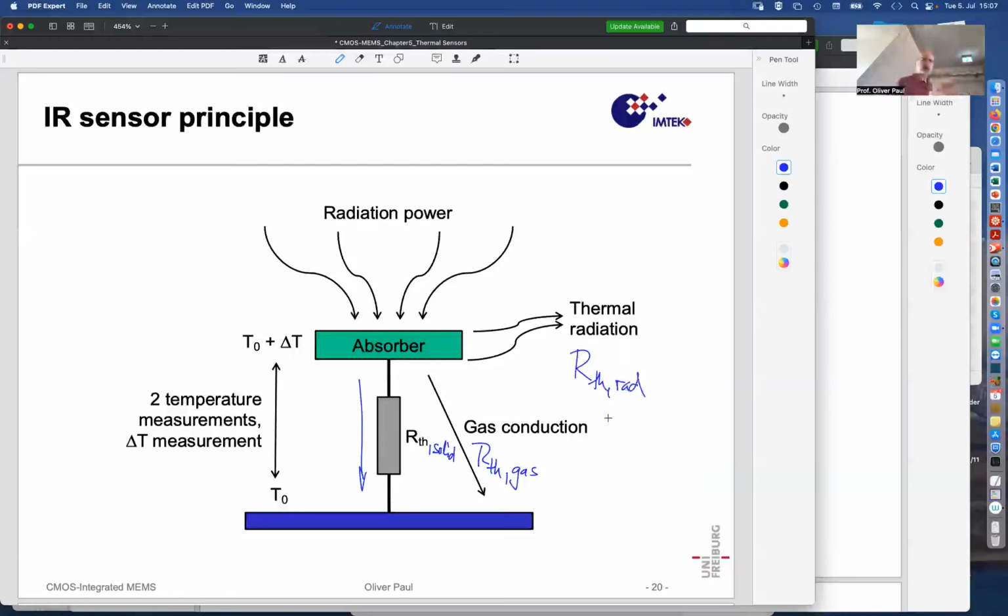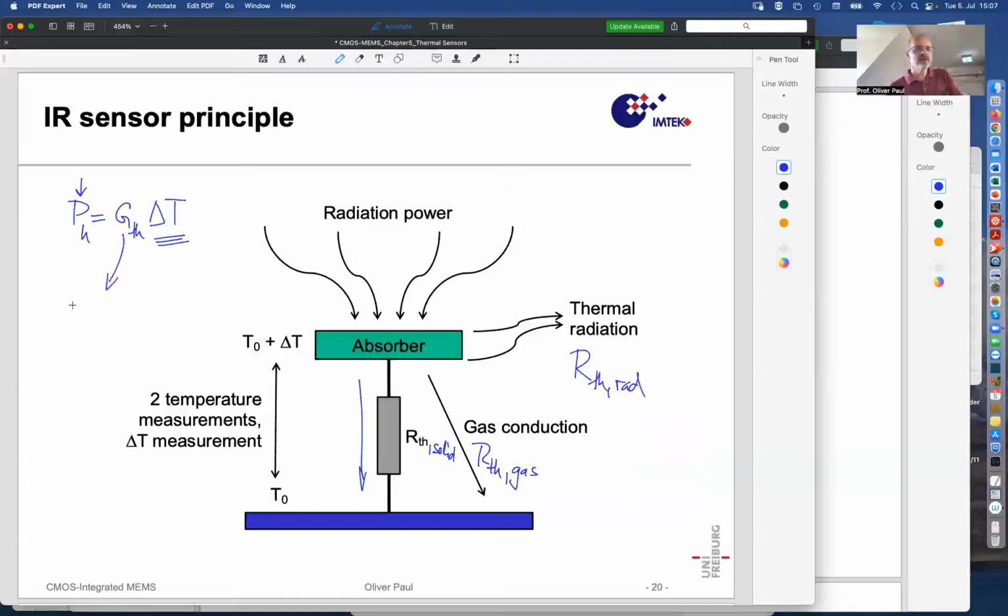So there are these parallel channels of heat loss, and whatever power comes in, the heat power is equal to G thermal of all the mechanisms times delta T. And that delta T is what we would like to measure in the sensor, as a manifestation of the incoming power. So what is this G thermal?